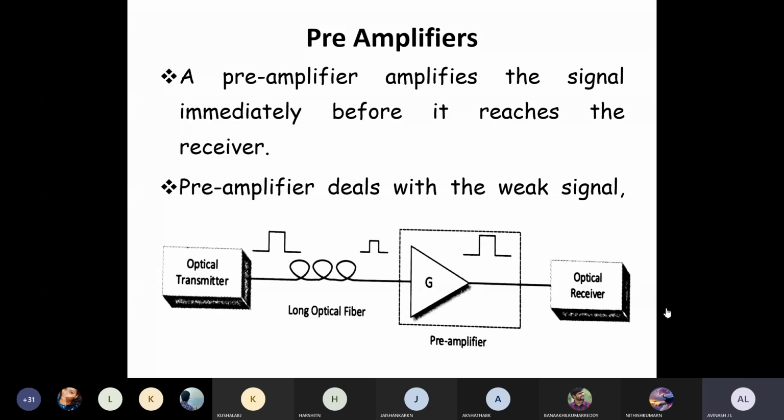Once we see the reduction, the preamplifier will boost the weak signal. It amplifies the weak signal to reach the required level. You can understand that very clearly.